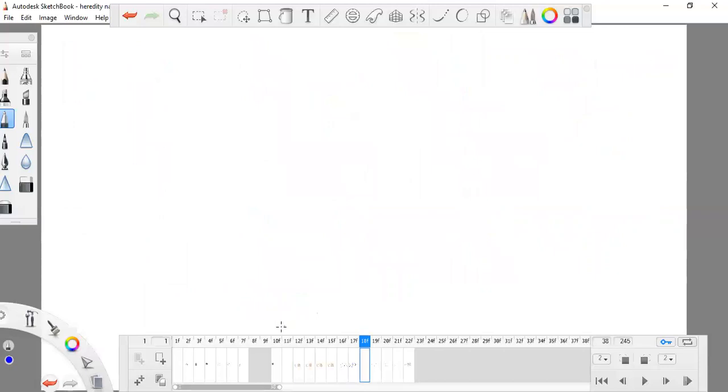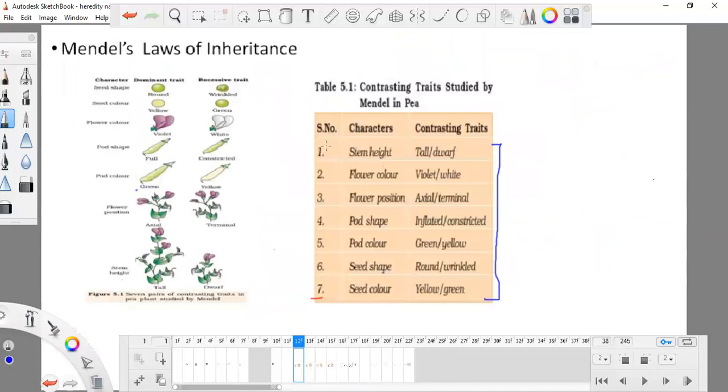Okay, now we are going to learn monohybrid cross. For monohybrid cross, out of these seven characters, okay, this is trait. Remember, traits can be many. I told you that eye is our character and eye colors are traits. All of us have eye color, that is the character, and we have different types of eye colors, that is our trait.